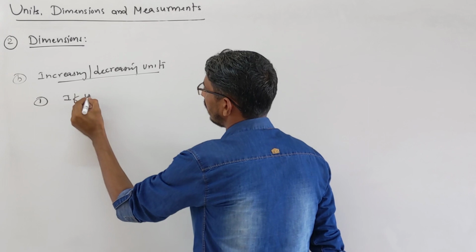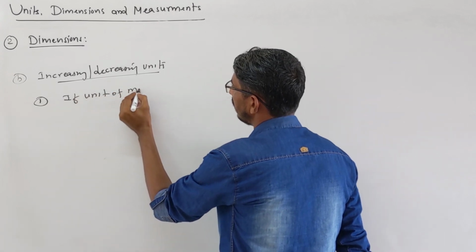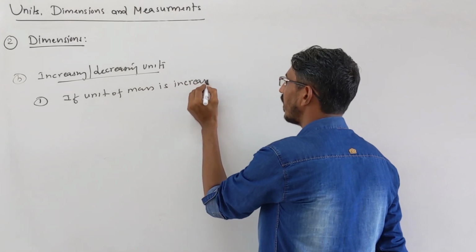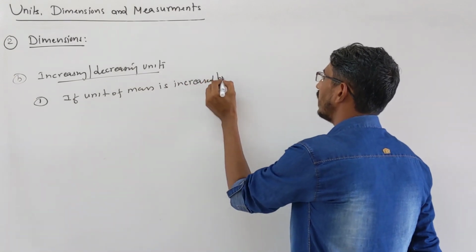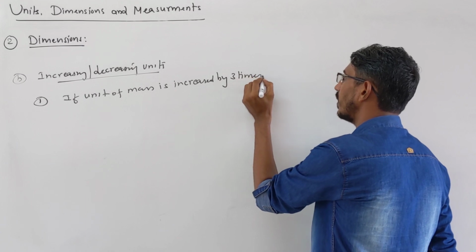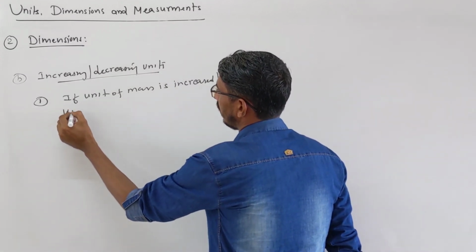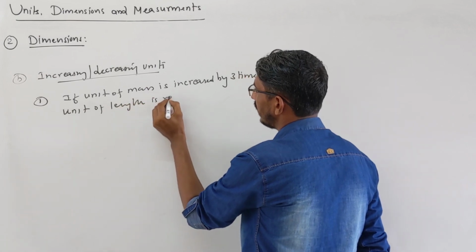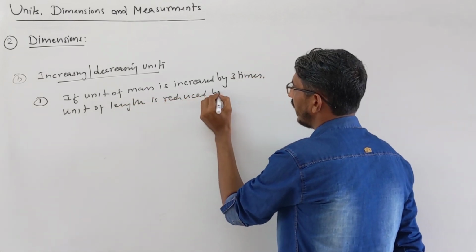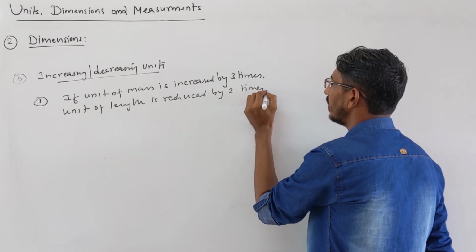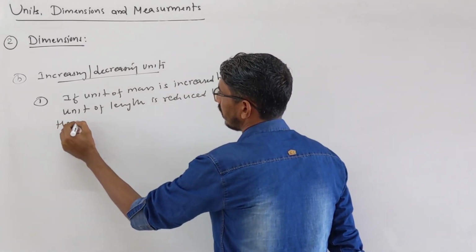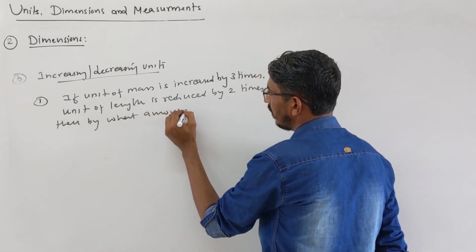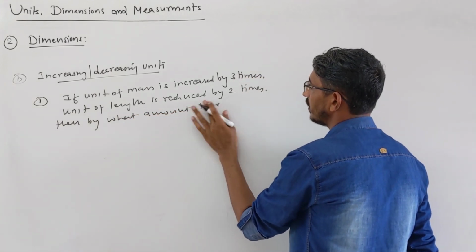Look here: if the unit of mass is increased by 3 times, the unit of length is reduced by 2 times, then by what amount will energy change?